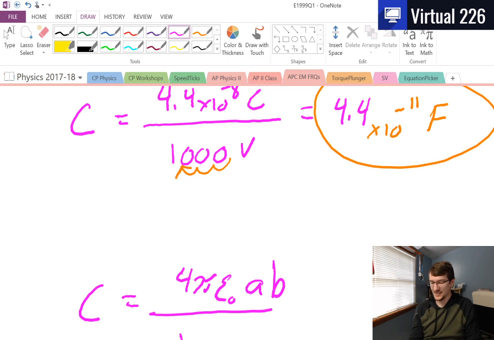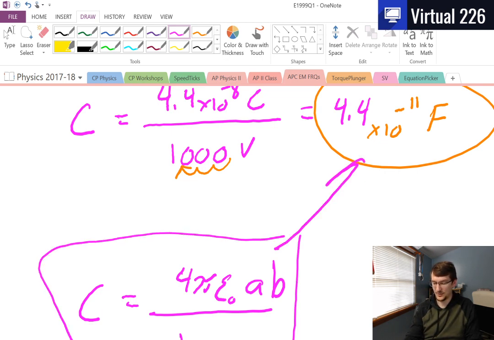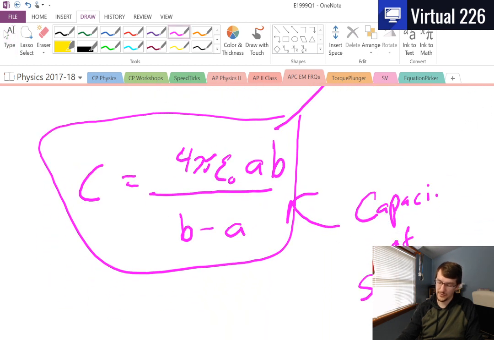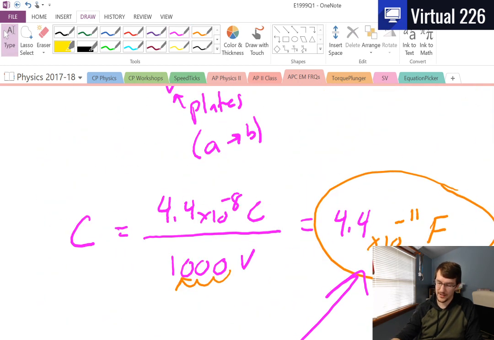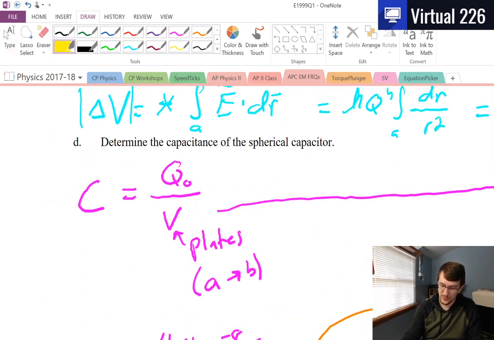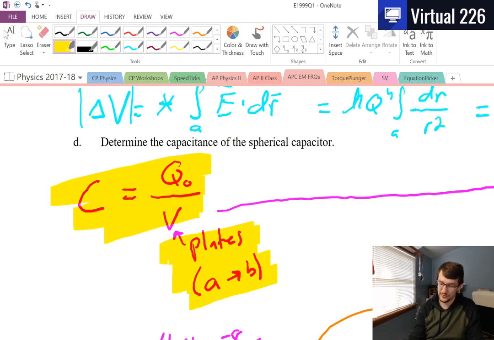You just did it. You could just straight up use that and you'll get the same exact answer. But this is for a capacitance of a spherical capacitor. Not a lot of people know that. I wouldn't really worry about it. Just recognize what you've done previously, which is this equation, and that this is the voltage, the potential difference between the plates.